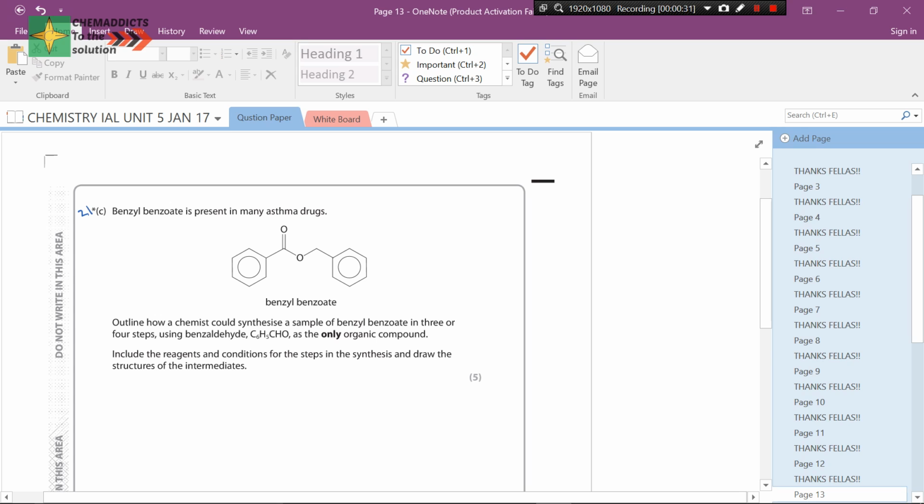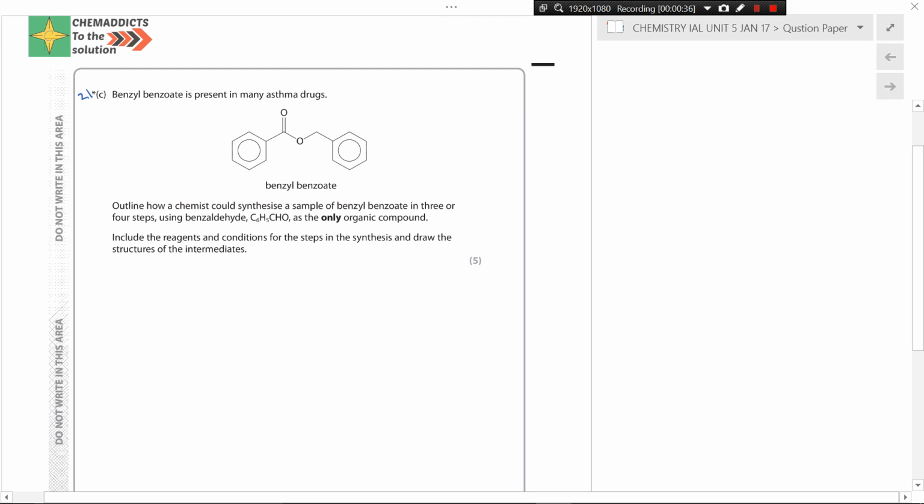At first let us read this question. So in here the question says benzyl benzoate is present in many asthma drugs. Okay, so this is the compound benzyl benzoate.